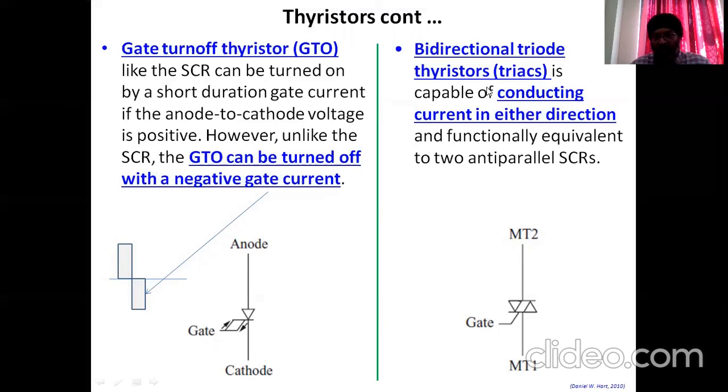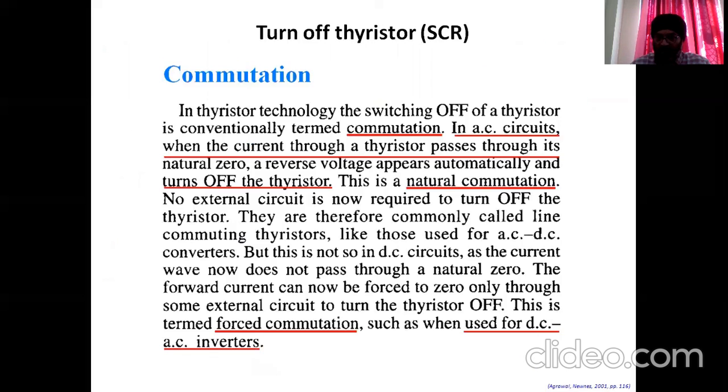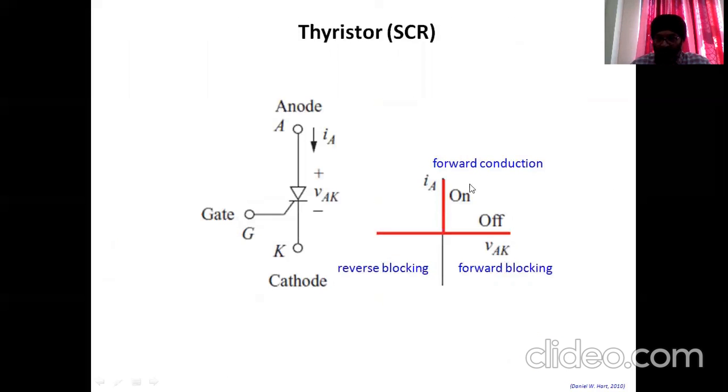Another member of the thyristor family is the bidirectional triode thyristor, also called triac. They are normally capable of conducting in both directions. So the triac can conduct in forward conduction mode and reverse conduction mode. So 4 quadrants.